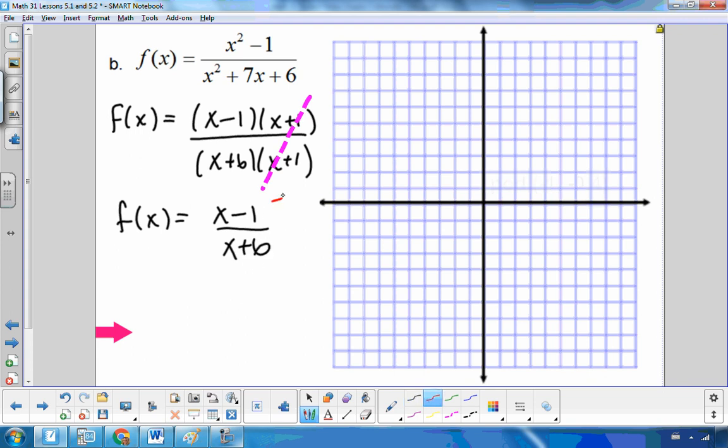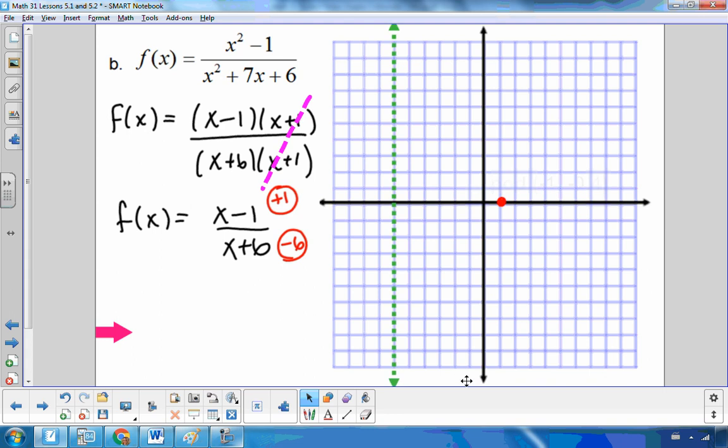So a critical value of positive 1 in the numerator and negative 6 in the denominator. So let's talk about these parts. So the positive 1 in the numerator tells me I have an x-intercept at positive 1. The negative 6 in the denominator tells me I have a vertical asymptote at negative 6. Now let's go back to this factor that I removed here.